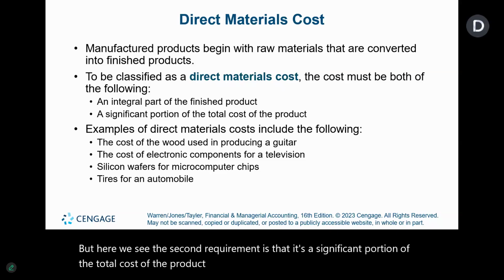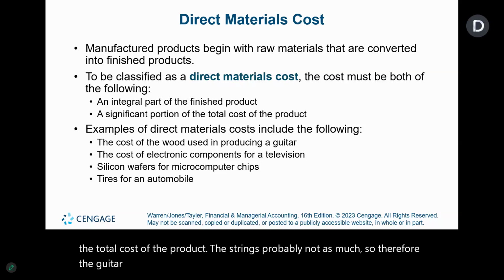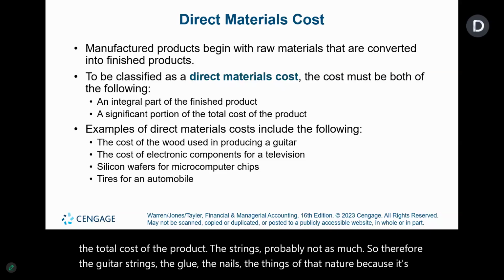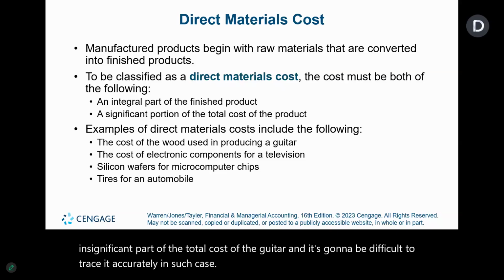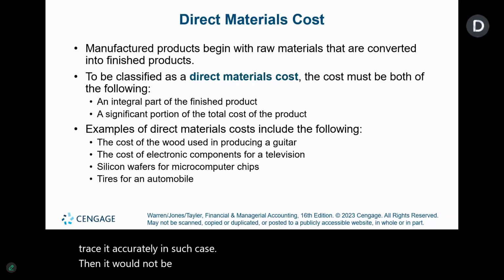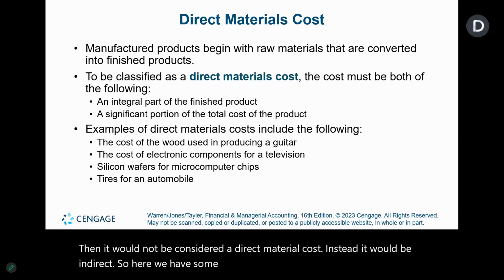The strings, probably not as much. So therefore, the guitar strings, the glue, the nails, things of that nature, because they're an insignificant part of the total cost of the guitar, and it's going to be difficult to trace them accurately, would not be considered a direct material cost. Instead, they would be indirect. So here we have some examples of direct material costs.